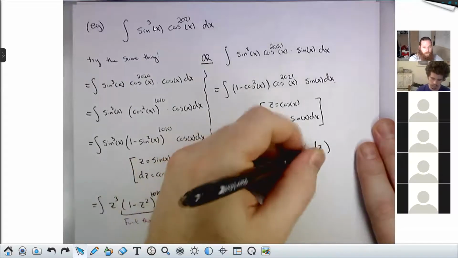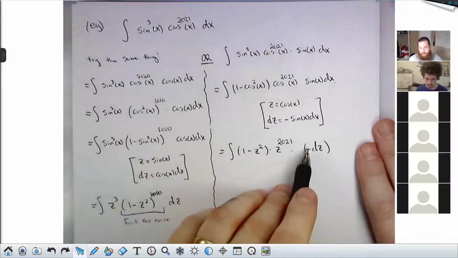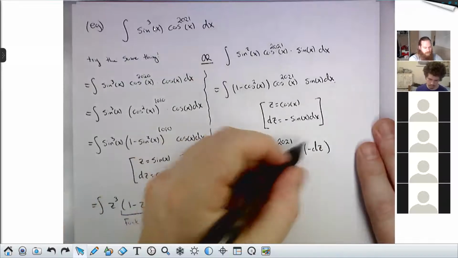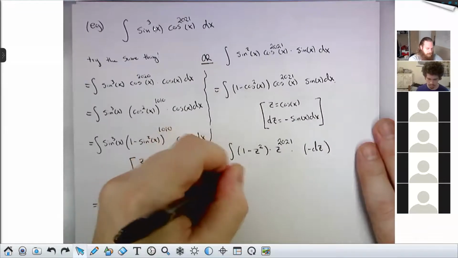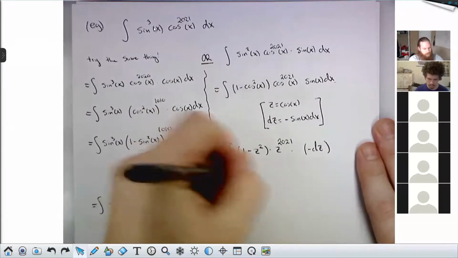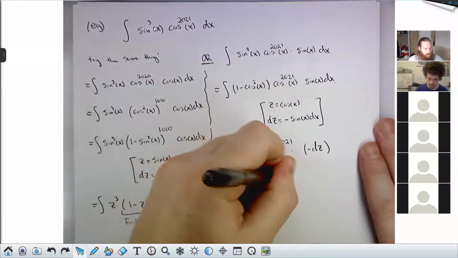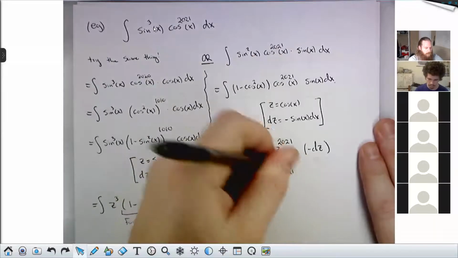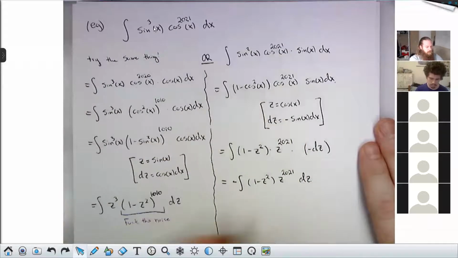So I always like to write this like I am here at the parentheses so people don't get confused. Otherwise, it kind of looks like subtraction. This is negative 1 times dz. So the constant factor of negative 1 pops out. And I'm left with negative integral 1 minus z squared times z to the 2021 dz. And this is much easier than this.